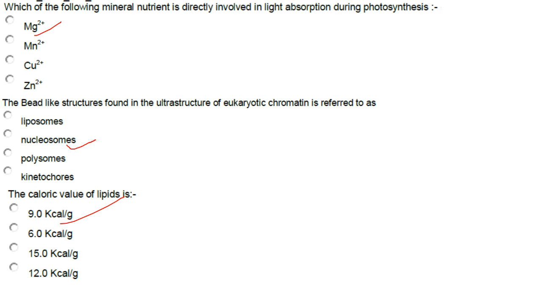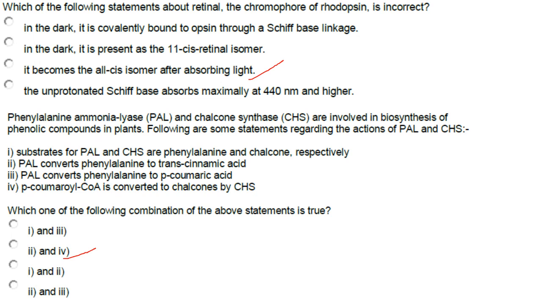Then next one. The bead-like structures found in the ultrastructure of eukaryotic chromatin is referred to as nucleosomes. Then next one. The caloric value of lipid is 9 kilocalories per gram. Then next one.